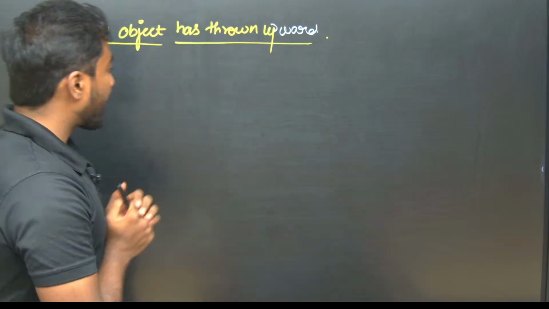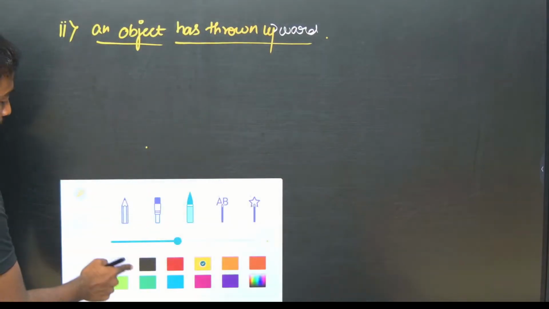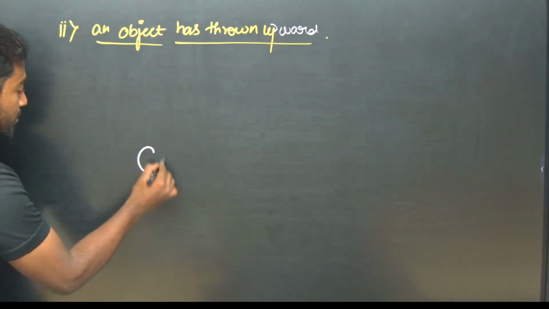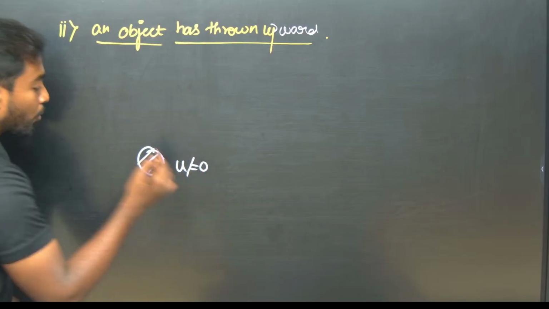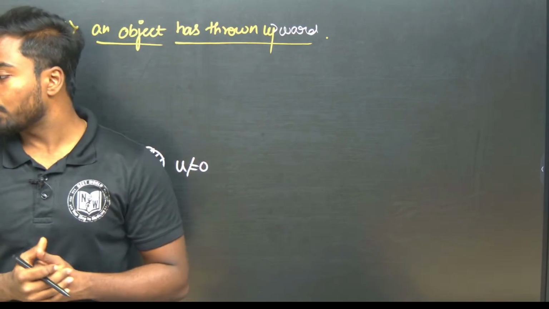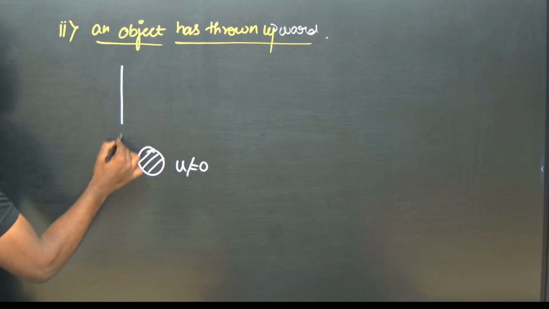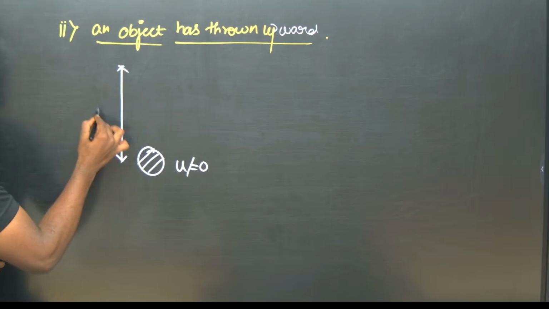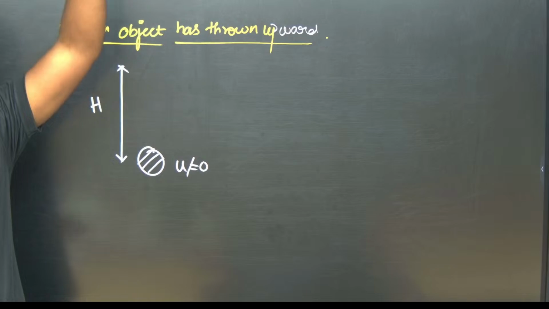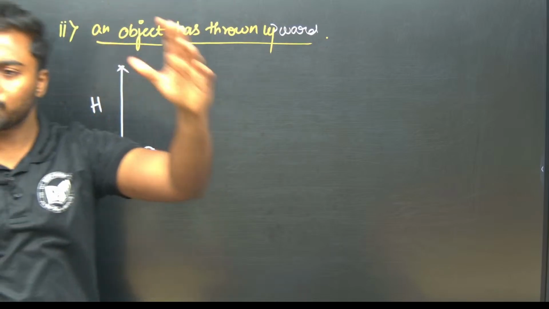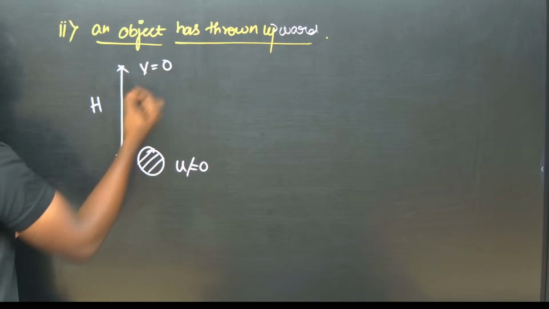Now let me consider that I have an object which has initial velocity not equals to 0. I don't know, I need to find what the initial velocity is now. This object is going up to height h, that is the maximum height it has reached. Now I will consider the final velocity as 0.